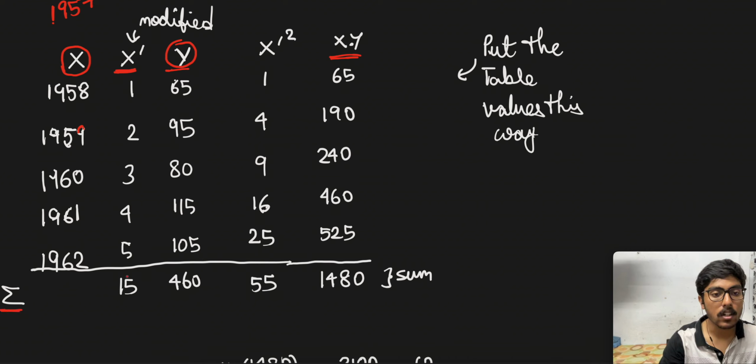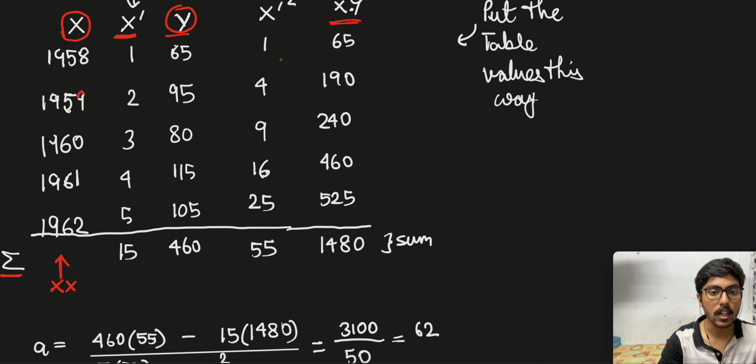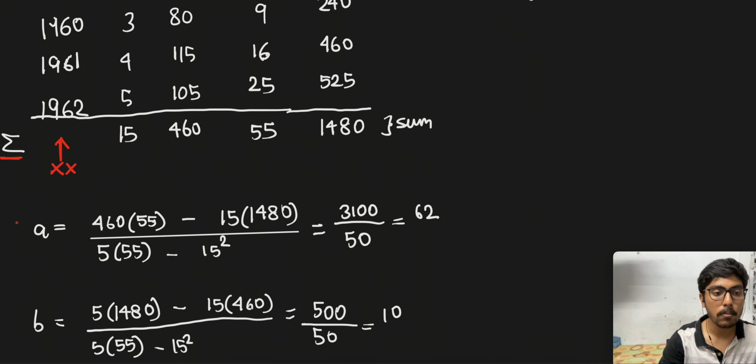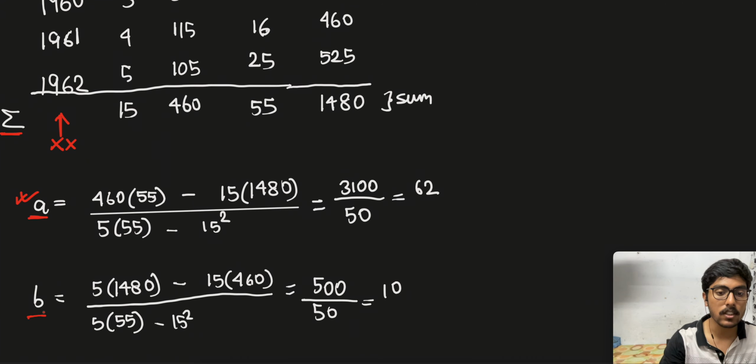So we calculate the sum of all these columns. I have not calculated this particular column because it is not required in the problem, right? So we have just calculated the sum of all these, and after that we will put it into the formula for a, the intercept, and for b, which is the slope.